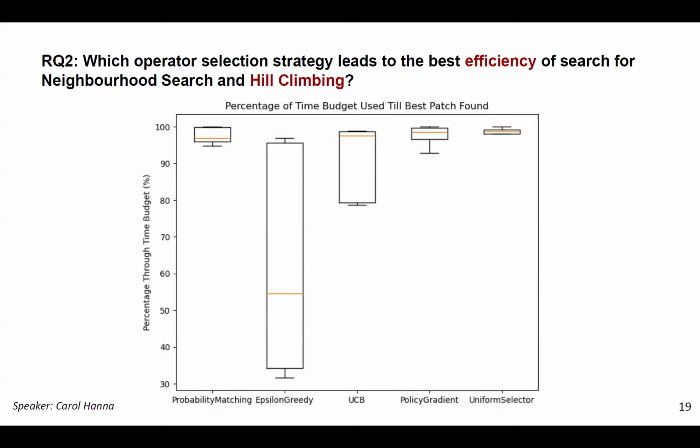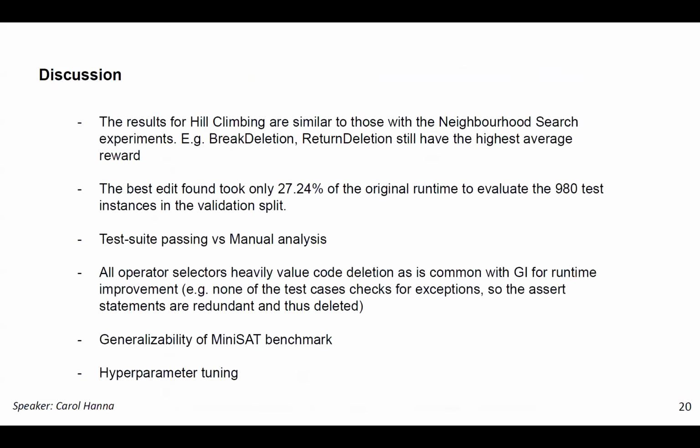So there's a question here of perhaps if we doubled that time budget, maybe we could have found much better variants in that time. And then a few things to discuss before I wrap up. There is a much more comprehensive discussion in the paper, but one of the things is that the results for hill climbing were pretty similar to neighborhood search, with break deletion and return deletion having the highest average reward.